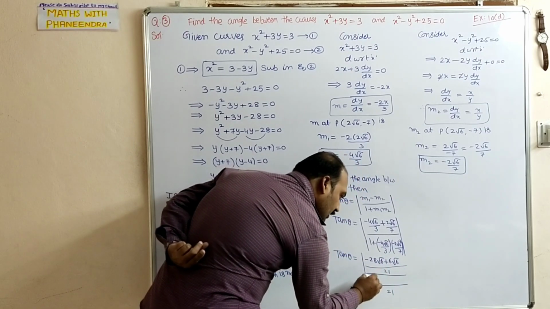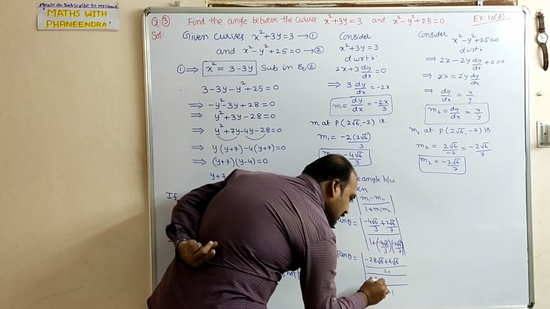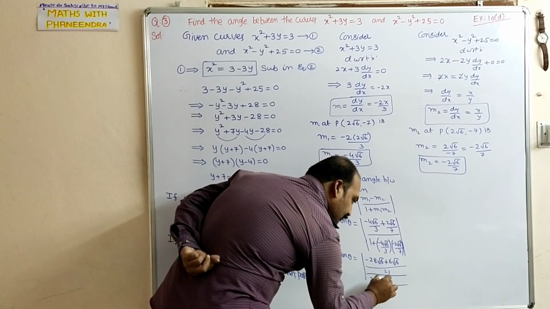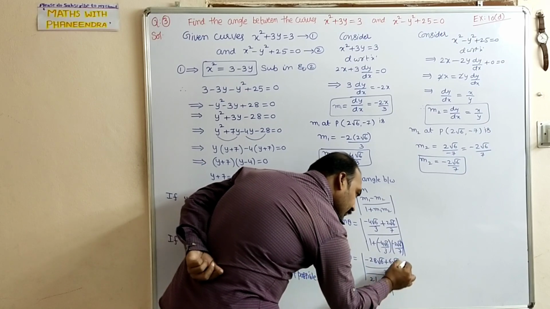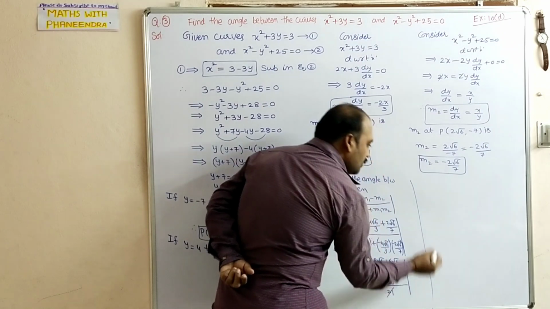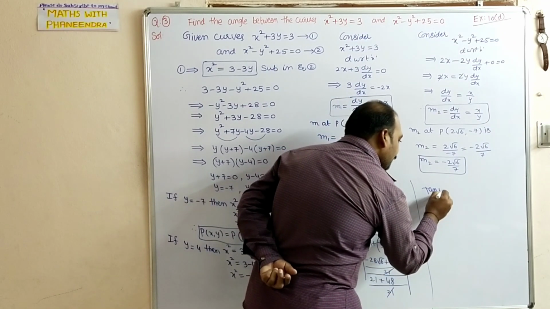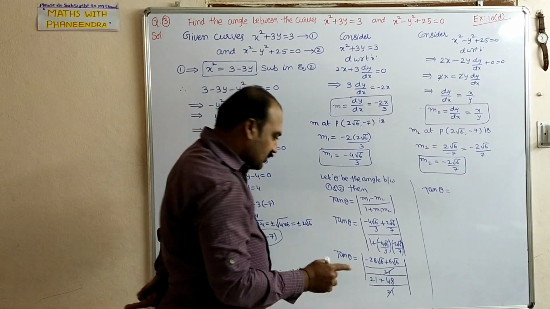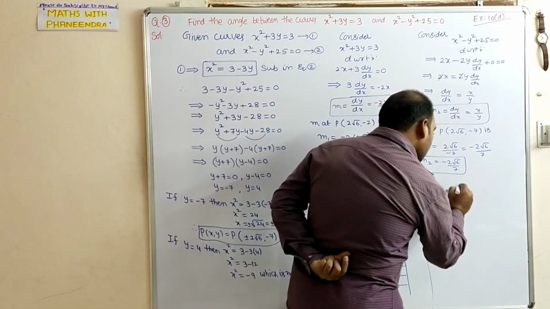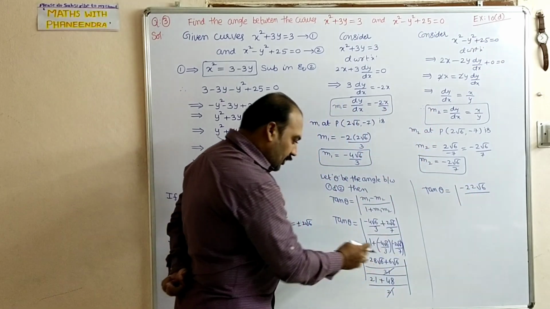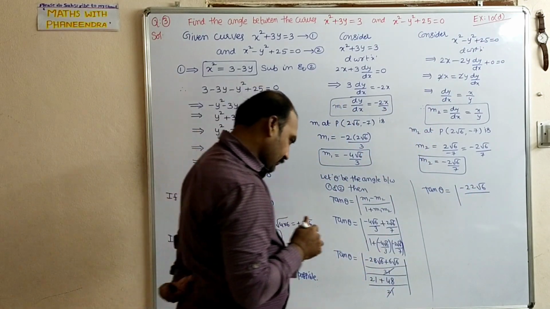So 21 minus into minus is plus, 4 2 is 8, 8 into 6, 48. 21, 21 get cancelled. Therefore tan theta equals minus 28 root 6 plus 6 root 6 is minus 22 root 6 divided by 48 plus 21.